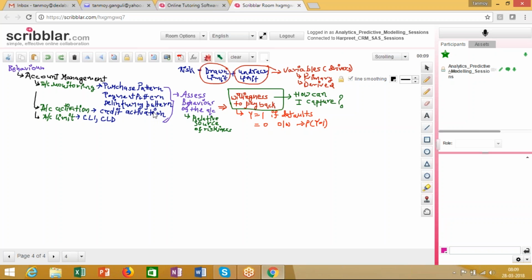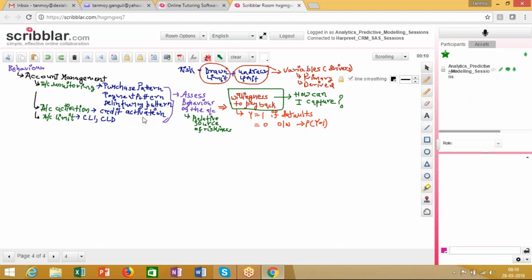The third part is identifying the account limits. I have a limit with my credit card. Whenever a credit card is issued, it has a pre-approved credit. Once I have this pre-approved credit, the next part we need to know is the secondary lines of credit.